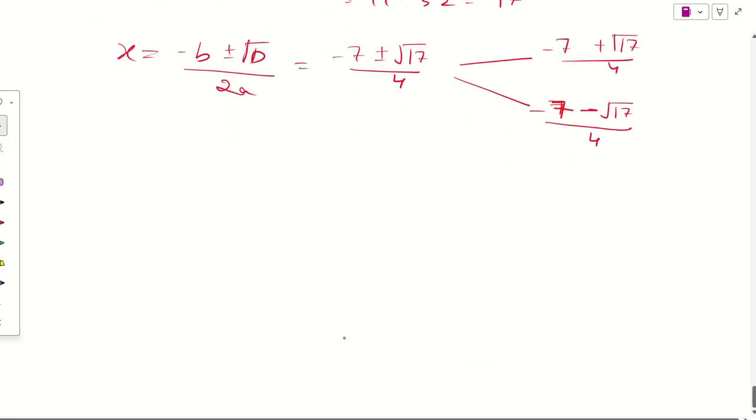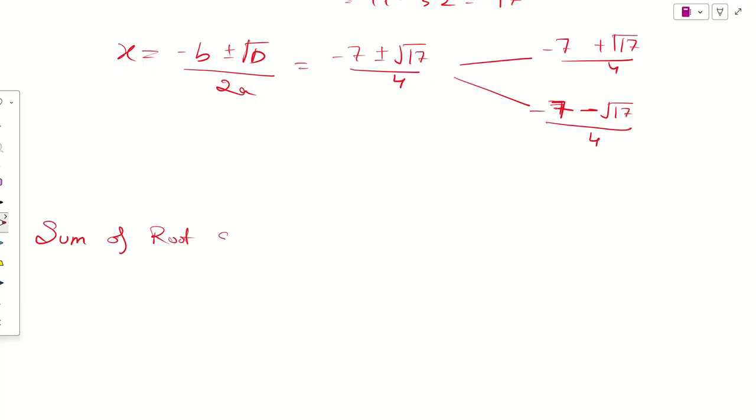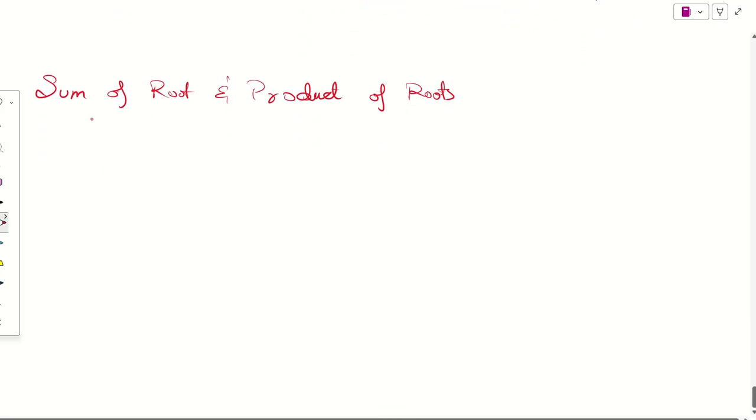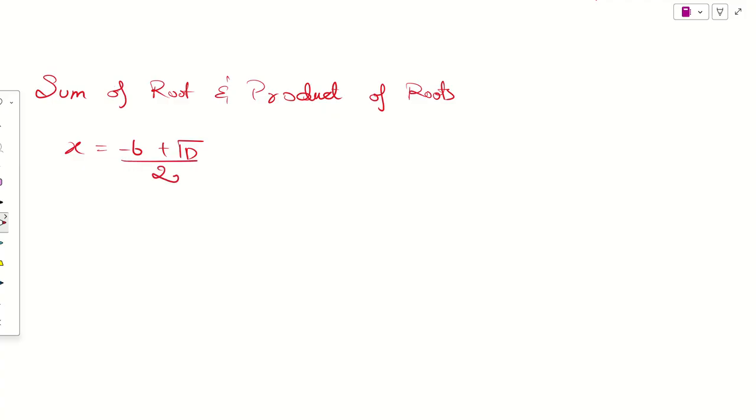Okay, so if we were asked to find the sum of roots and product of roots, how can we find? So we know that one root is minus b plus under root D upon 2a from the quadratic formula, and another root will be minus b minus under root D upon 2a. So I assume that one root is alpha and another root is beta. Why am I assuming alpha and beta here?